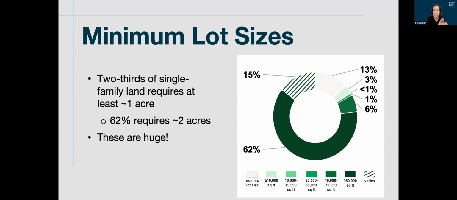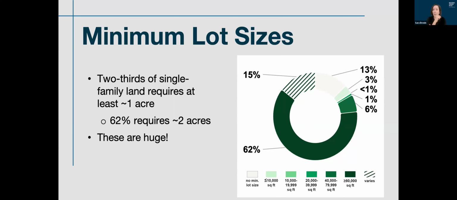The darkest green in this image tells you what percentage of residential land requires an 80,000 square foot minimum. And you see almost 2/3 of single family land requires 80,000 square feet or more.